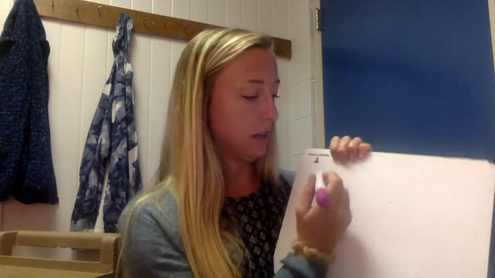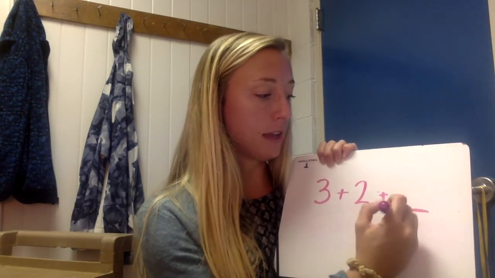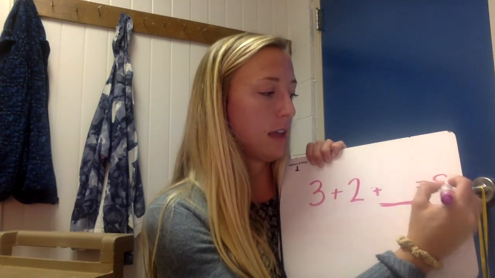Now we have girls playing basketball, and there is a missing number. So this is how I would do this. So looking at that equation, it is 3 plus 2 plus something else. That's what we're trying to find out, equals 8.